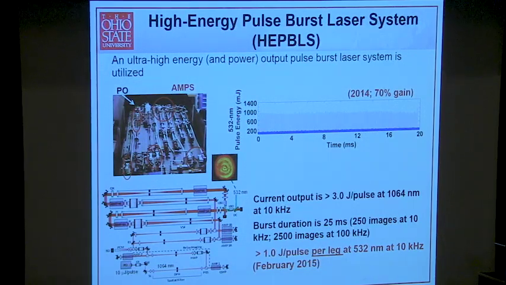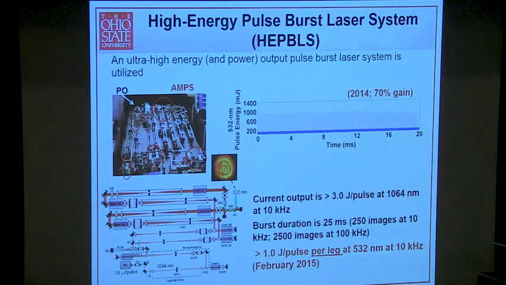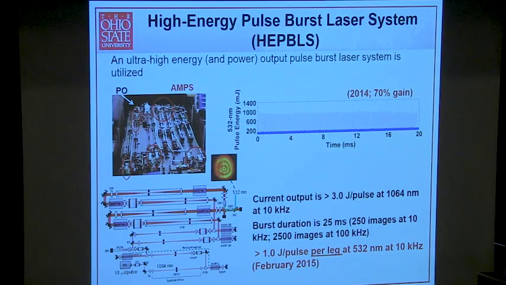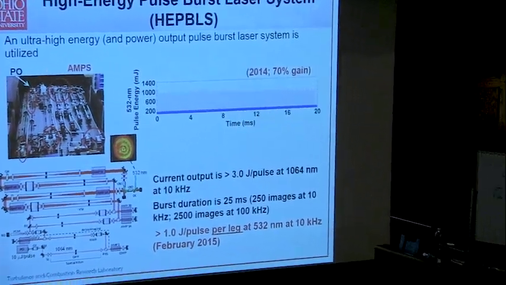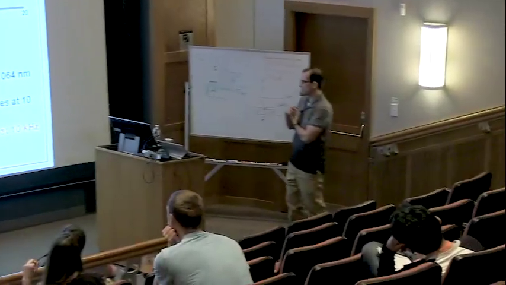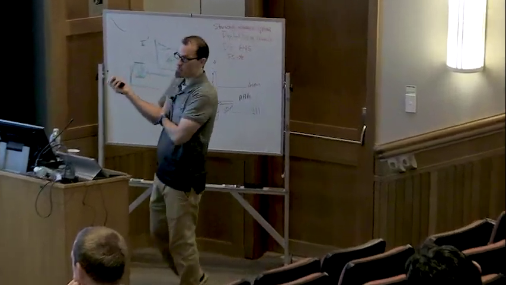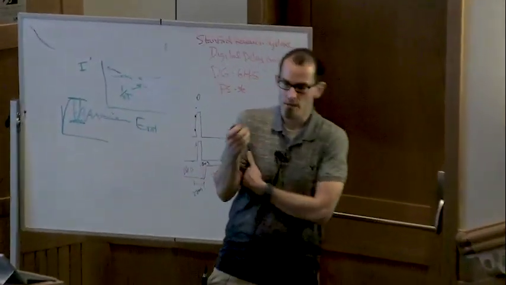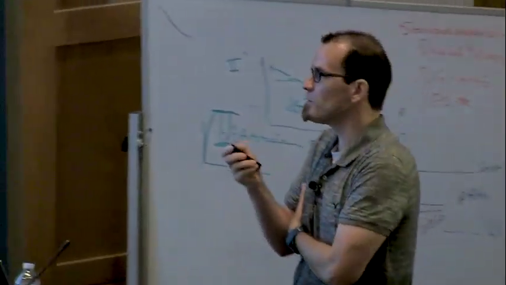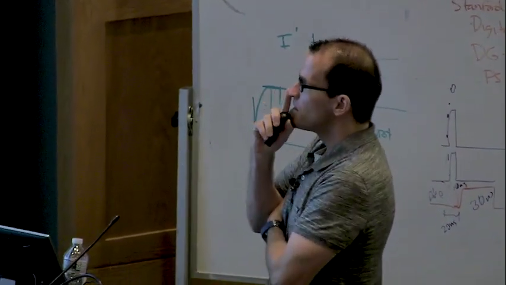With proper frequency doubling, as of 4 years ago, we can do about a joule per pulse per leg at 532. So this opens up the possibilities of doing high-speed Rayleigh scattering measurements, high-speed Raman scattering measurements, diagnostics that require a lot of laser energy that you can't do with, say, a commercial laser system.